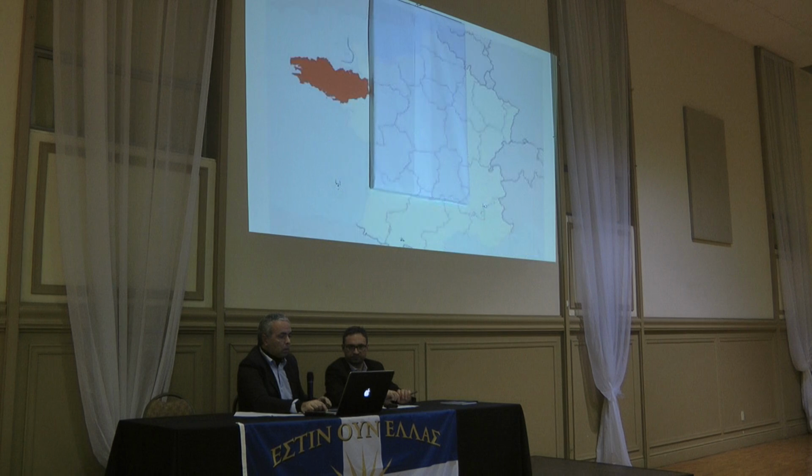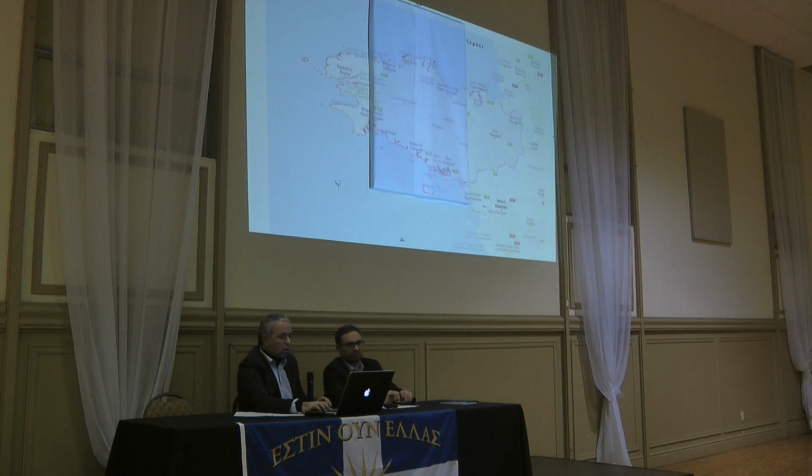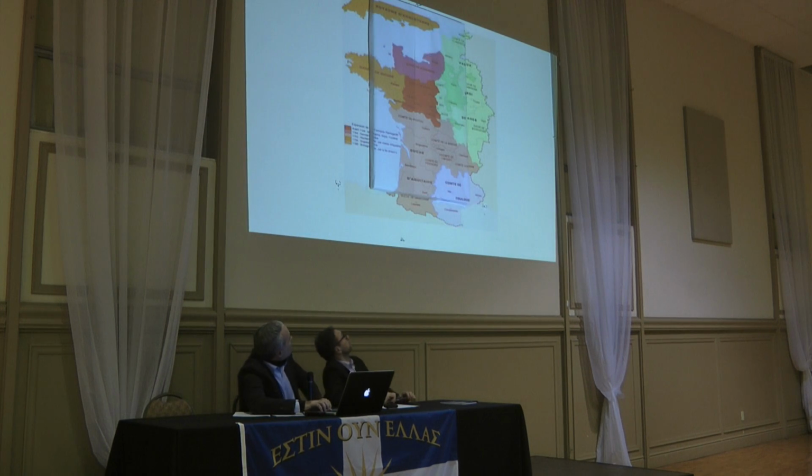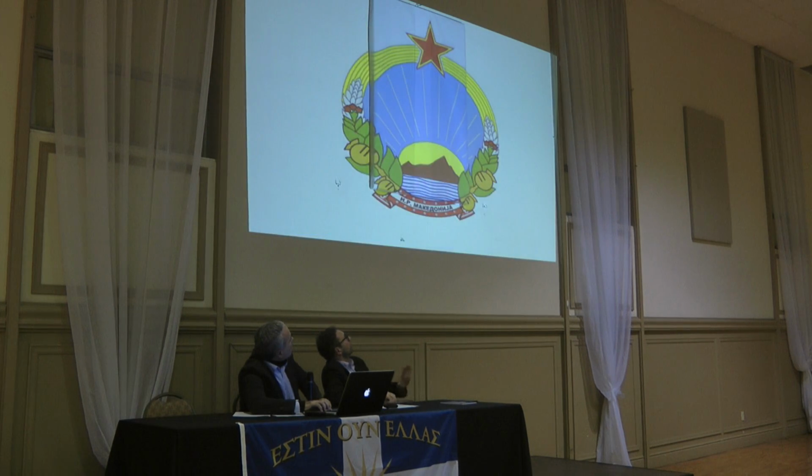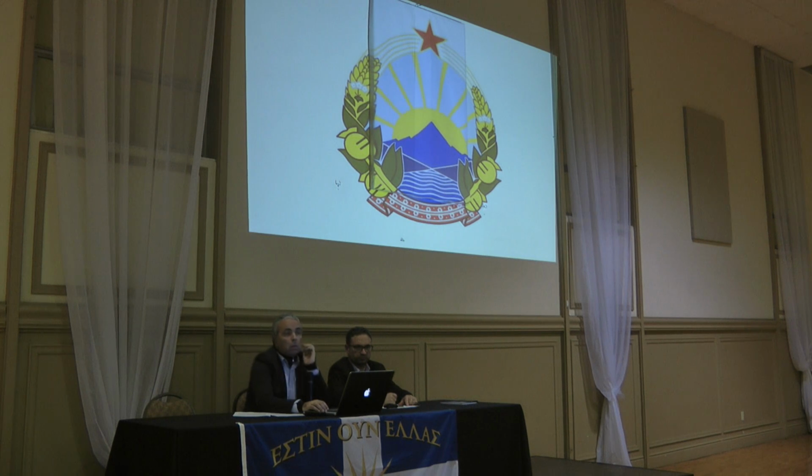Many maps. Okay, continue. Yes. This one. So this is the official position of FYROM in 1944. You see what is written? Yes? So, the next. So, one question is, what?